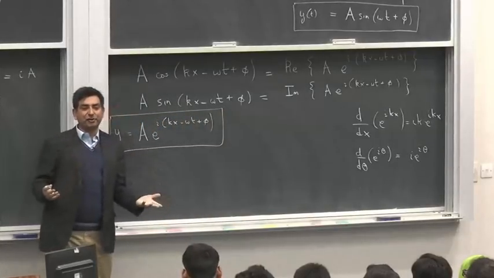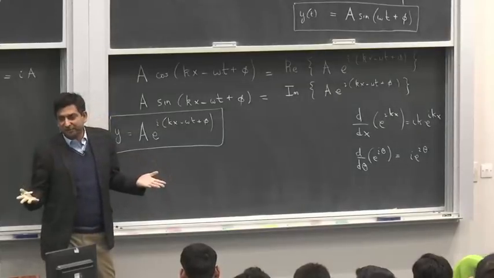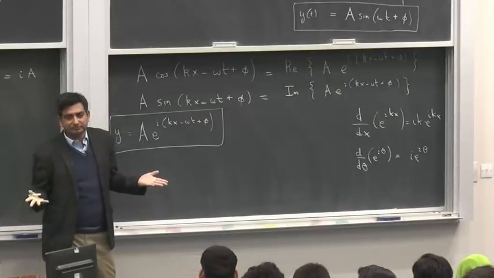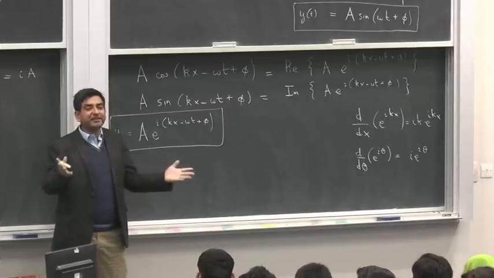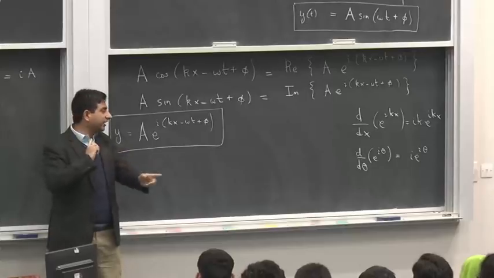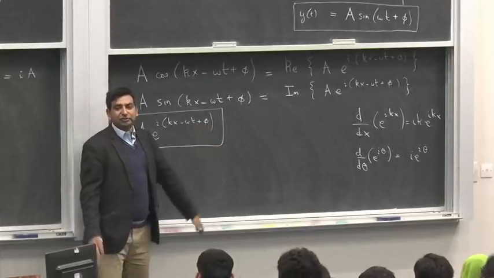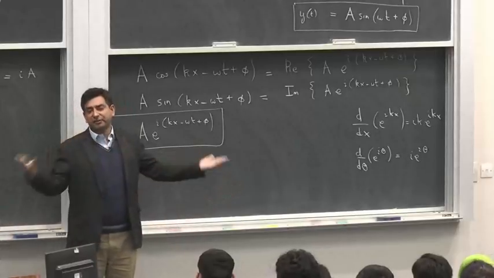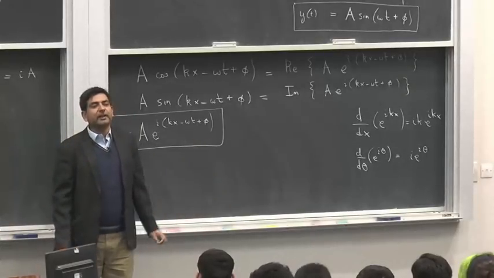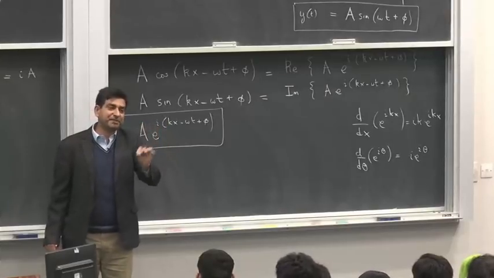And it's understood that physically the wave is either the real part or the imaginary part. Okay? And we just take the real part, for example. The sine and the cosine can be interchanged by changing the value of phi, the reference phase. So they just say that the wave is an exponential function. Only notation, mere notational simplicity.